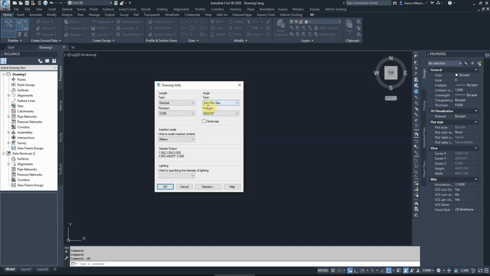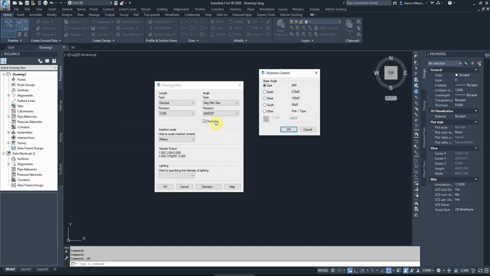The angles are in degrees, minutes, and seconds. This is our second discussion today about the bearing. Bearing is measured in degrees, minutes, and seconds, and for resolution we go all the way down to 1 second. Our bearing direction is clockwise. That's one of the points we'll be discussing today.